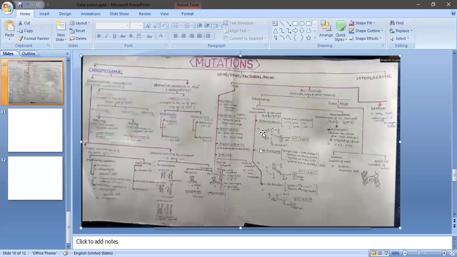So tautomerization is nothing but what? In the nitrogen bases, there are functional groups: amino group, imino group, keto group, and aldehyde group. So one of the nitrogen bases shows a particular functional group in the cyclic structure.